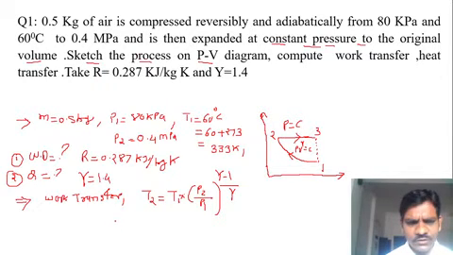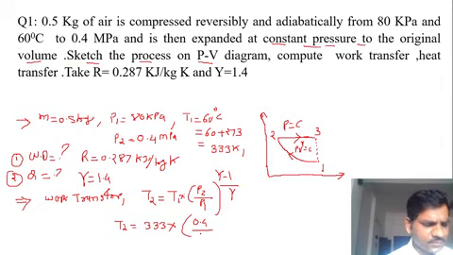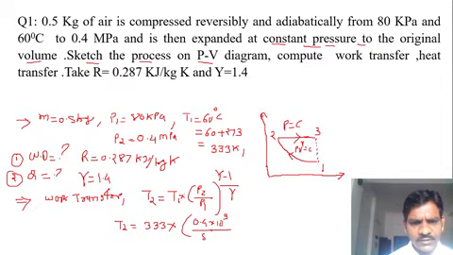So T2 is equal to T1, which we calculated as 333, into P2, which is 0.4, divided by P1, which is 80 kilopascals. So you have to convert; suppose you convert into kilopascal, multiply by 10 to the power 3, and this is given as 80 kilopascals.